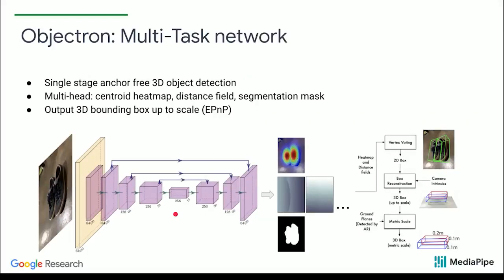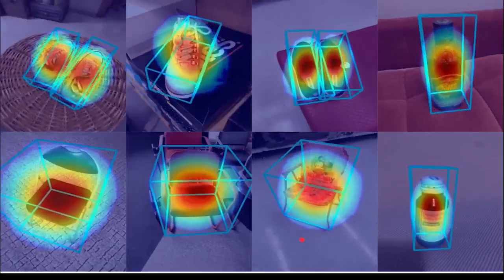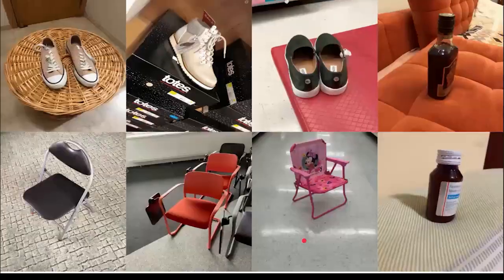The actual model is a multitask model that predicts the center of an object as a heat map, and then it predicts 8 offset maps for the 8 individual corners of a bounding box with an optional segmentation mask for handling occlusions. You can see that visualized on this slide.